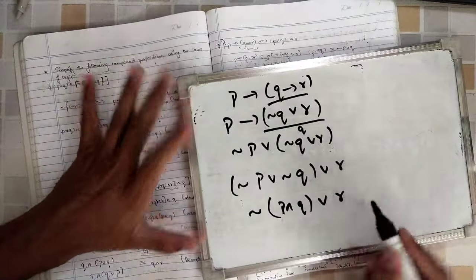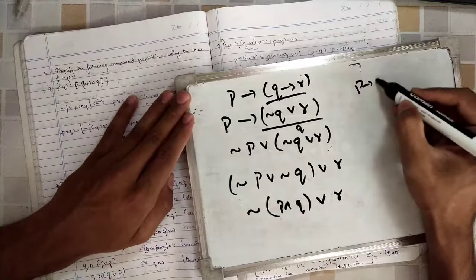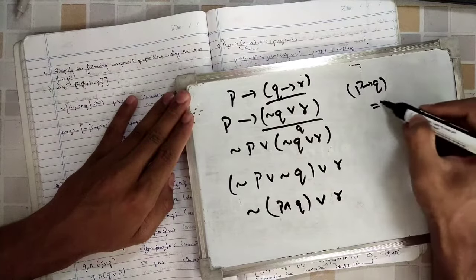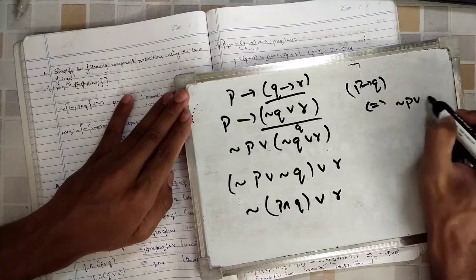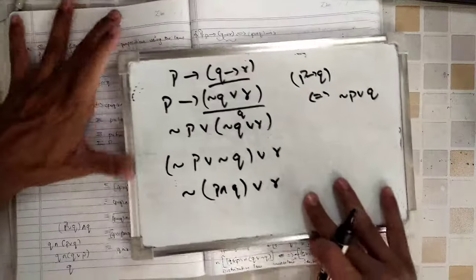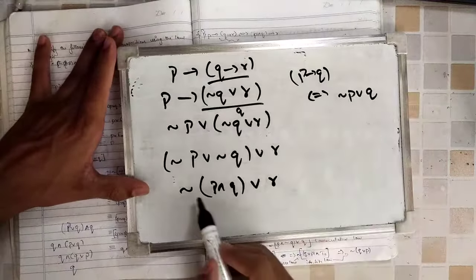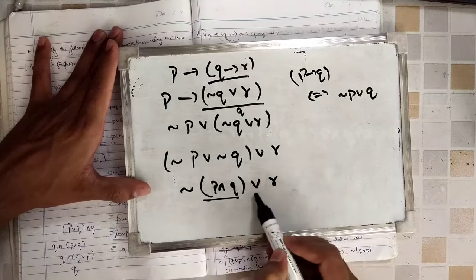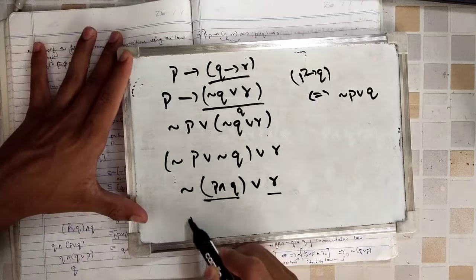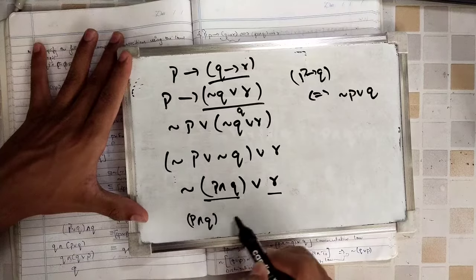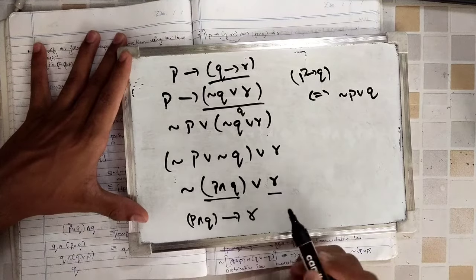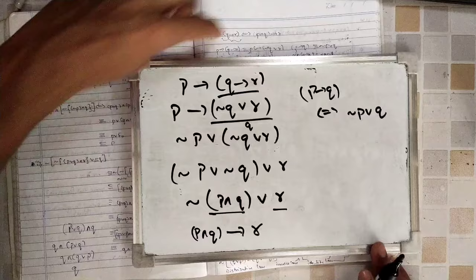Then or R. So see here, P implies Q is logically equivalent to negation P or Q, right? So now see here, negation of P and Q or R, I can write it as P and Q implies R. Okay, so that's what we wanted in the question.